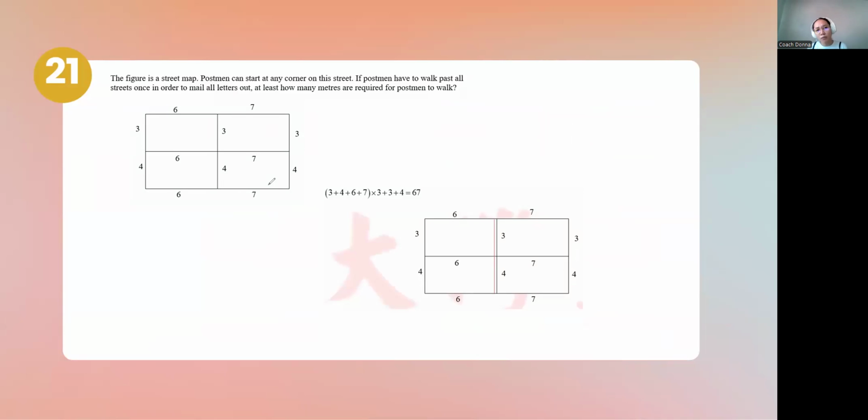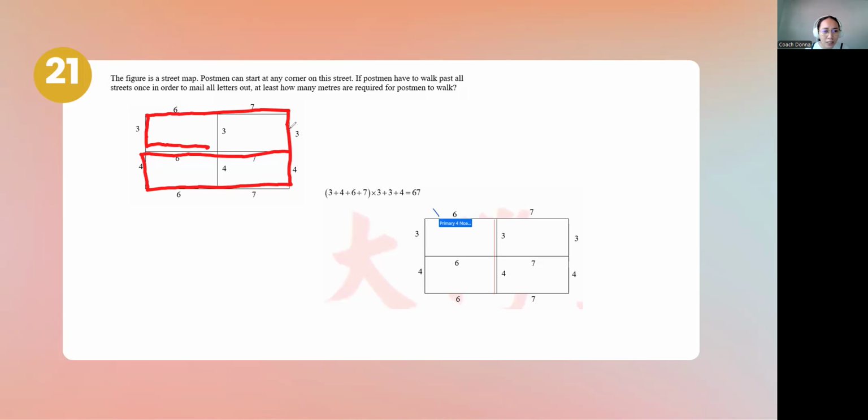The only solution I could find is where we pass through 3 and 6. Let's pass through 7 and 6, 4 and 6, 7, 4 and 3, 7 and 6, and then 3 will pass through 6. Oh, we can't do that.